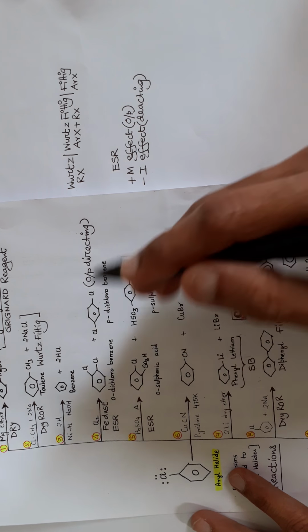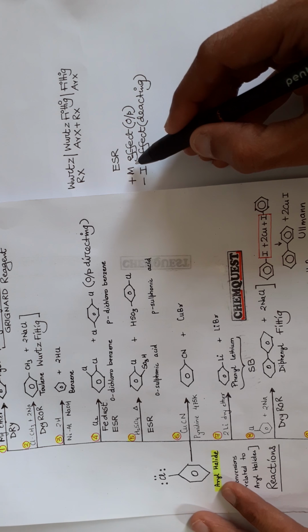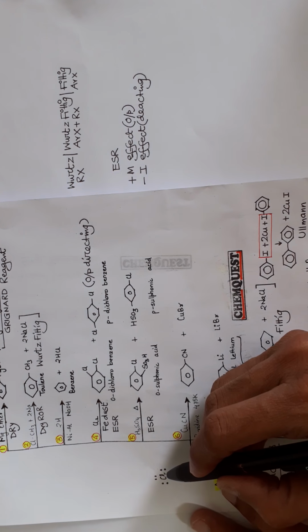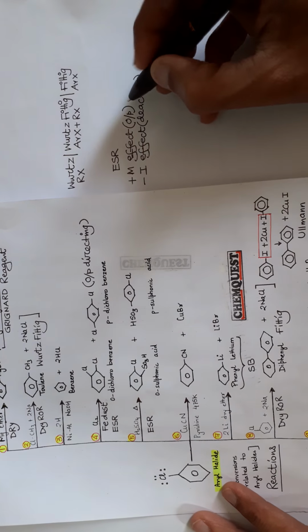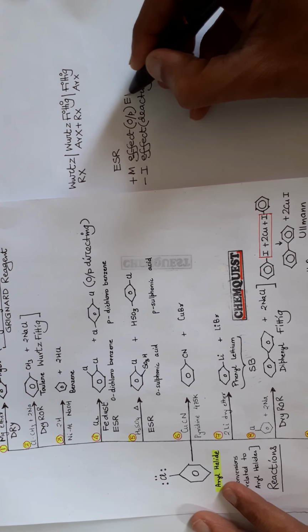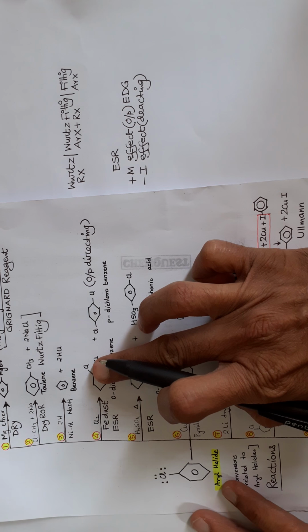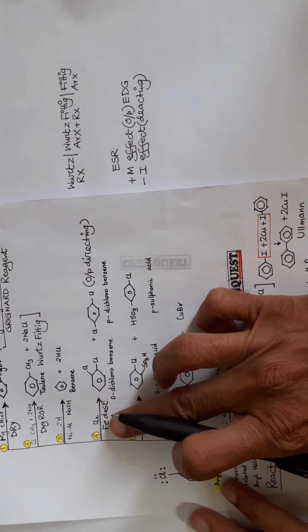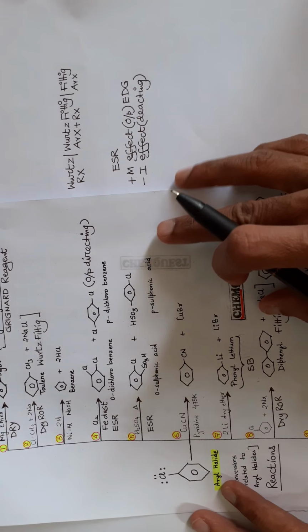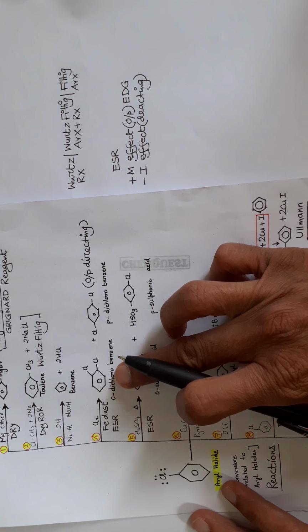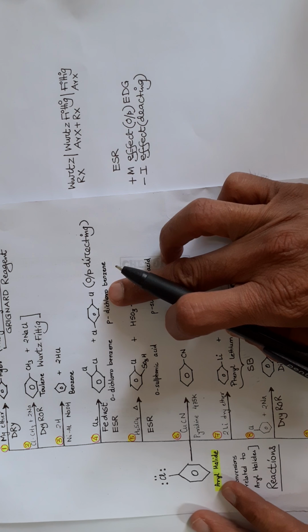Chlorine is ortho-para directing as discussed previously, due to the plus M effect, due to presence of lone pair, or it is also known as EDG, electron donating group. Then next, chlorine in presence of Fe dust or any other Lewis acid catalyst gives ortho-dichloro and para-dichloro.